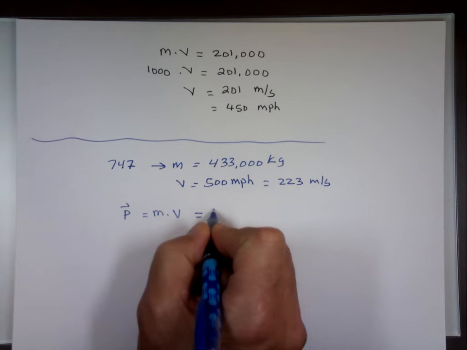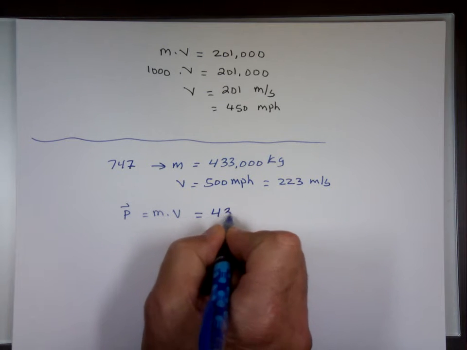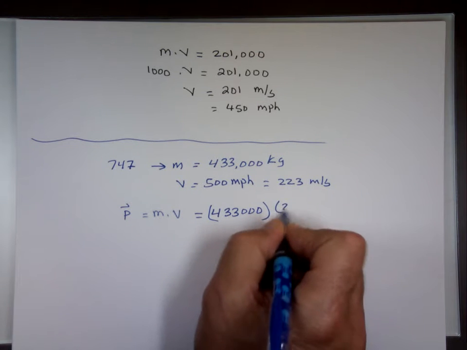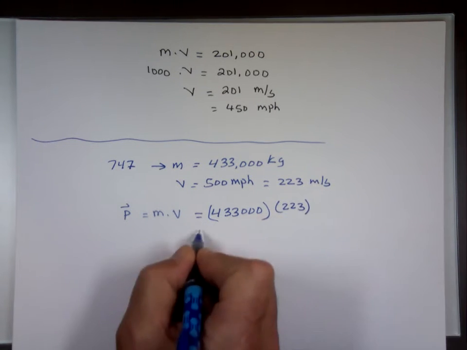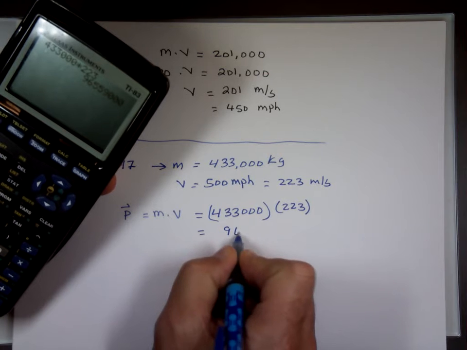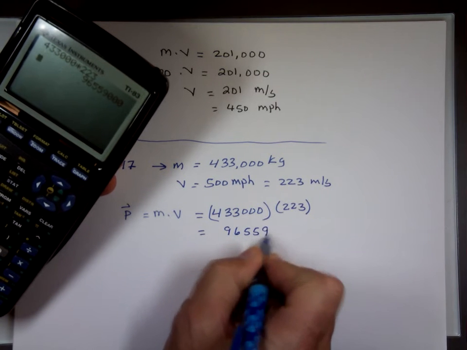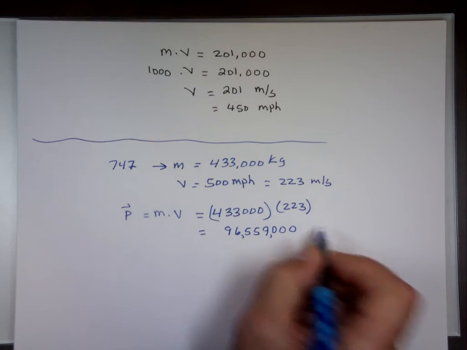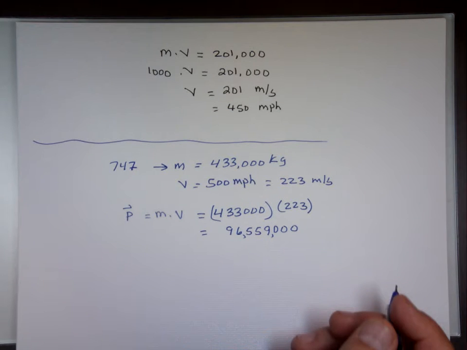So that's 433,000 times 223. Ready for that number? 96 million. 96 million.